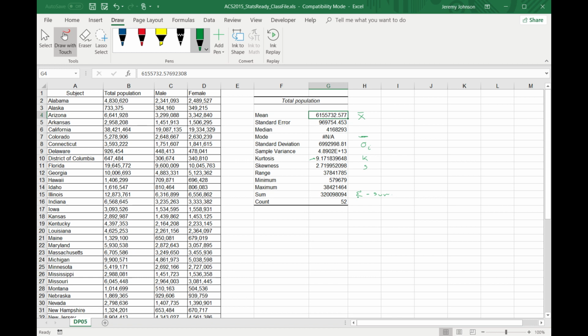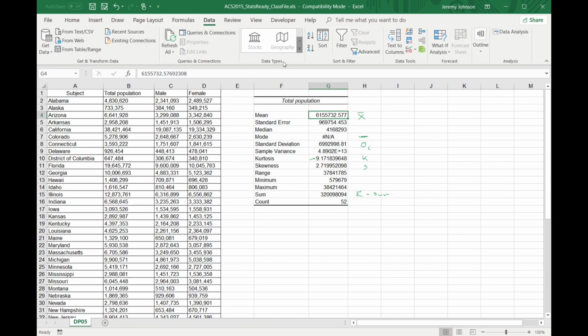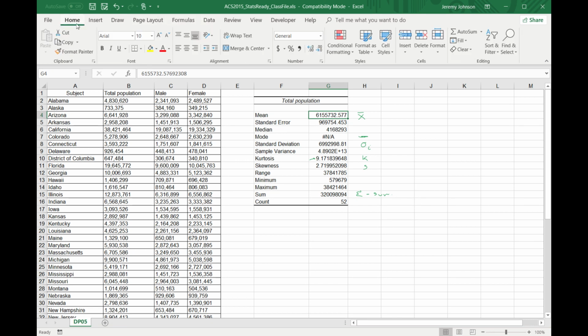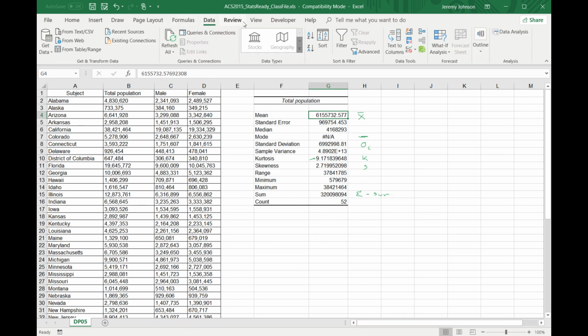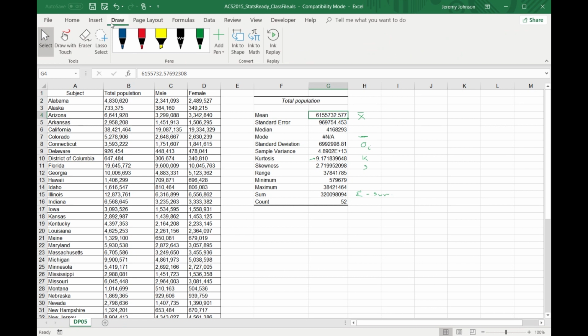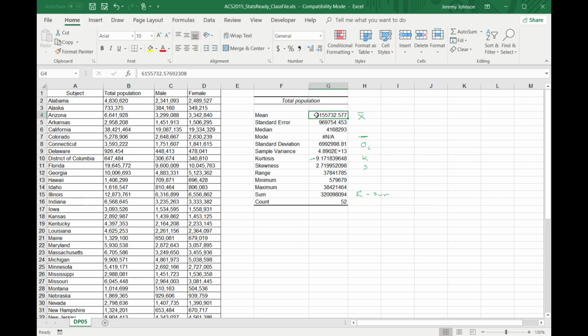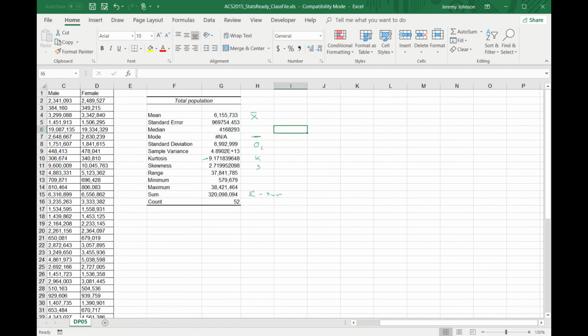So let's take a look at a couple of items here. I'm going to change some formatting. Make it a little easier to view. So let's change some of these key values to numbers, right? So that they look like numbers we can talk about. I'm going to move over here.